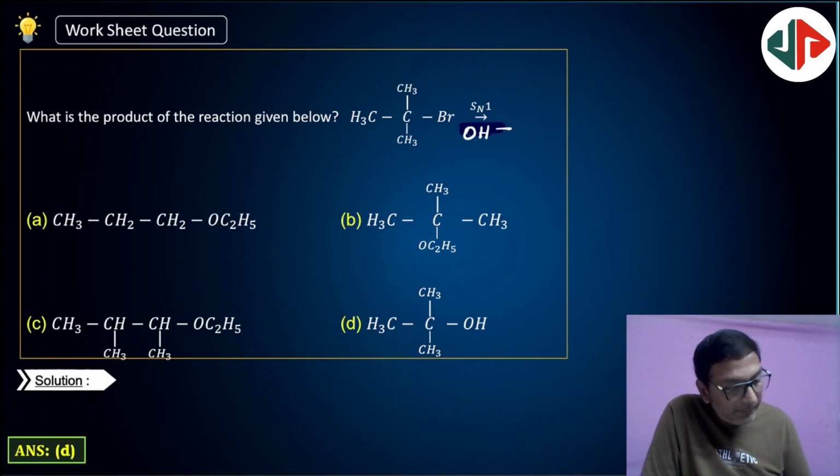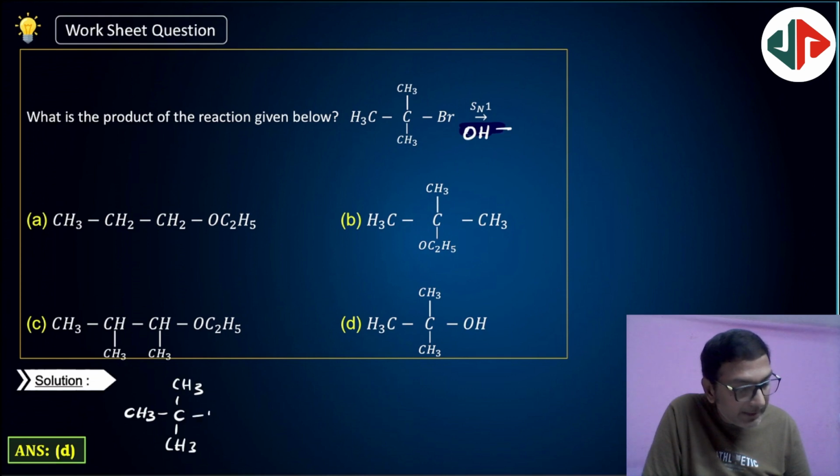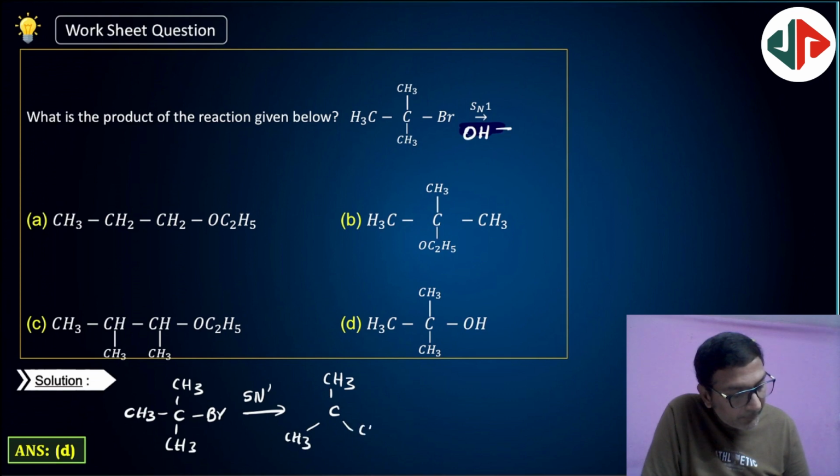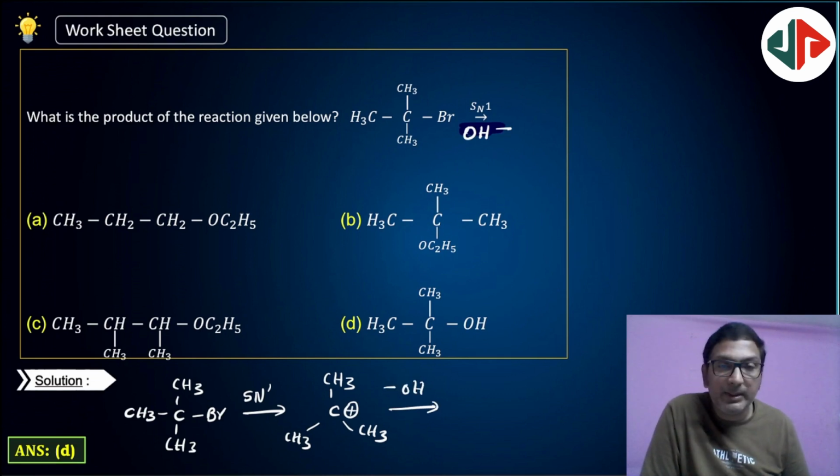So the given alkyl halide is tertiary, therefore it undergoes SN1 mechanism. First it gives carbocation, tertiary carbocation, which will be attacked by OH minus from two sides, front side and back side.